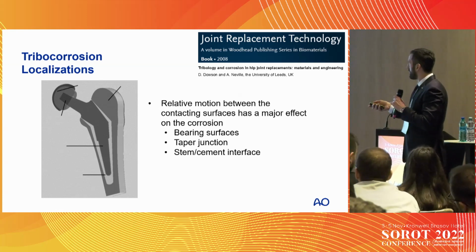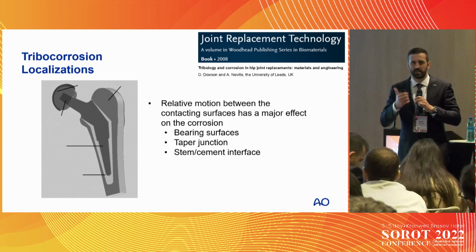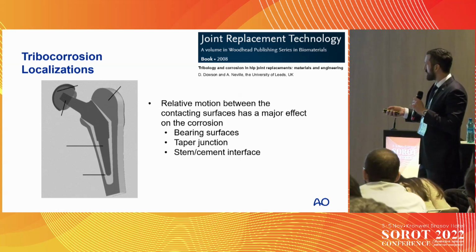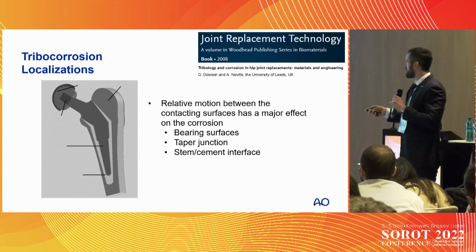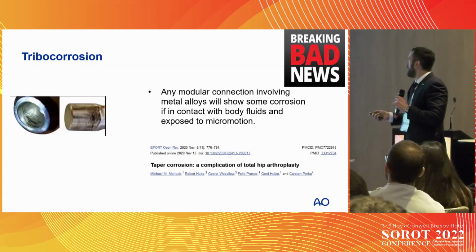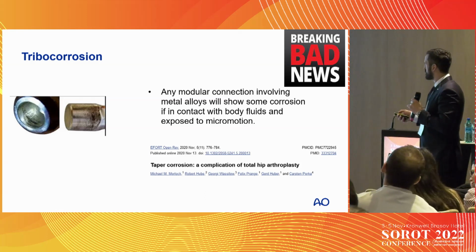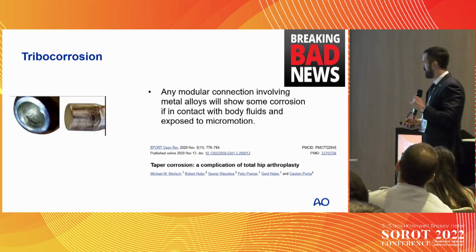The most important parts of the joint are the bearing surfaces, if we have a metal on metal bearing surface, then the taper junction between the stem and the taper, and the stem cement interface. Any modular connection involving metal alloys will show some corrosion if in contact with body fluids and exposed to micromotion.